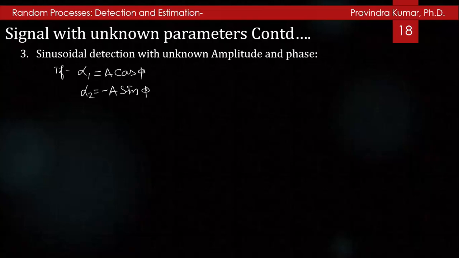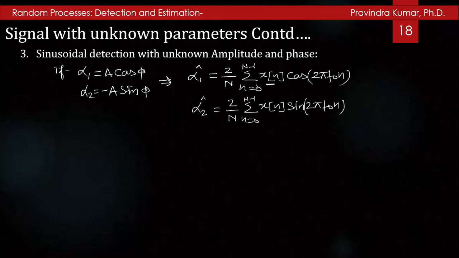If we consider alpha 1 as A cos phi and alpha 2 as minus A sin phi, then the estimated value of alpha 1 will be equal to 2 by N summation n=0 to N minus 1 x[n] cos 2 pi f0 n, and the estimated value of alpha 2 will be 2 by N summation n=0 to N minus 1 x[n] sin 2 pi f0 n.